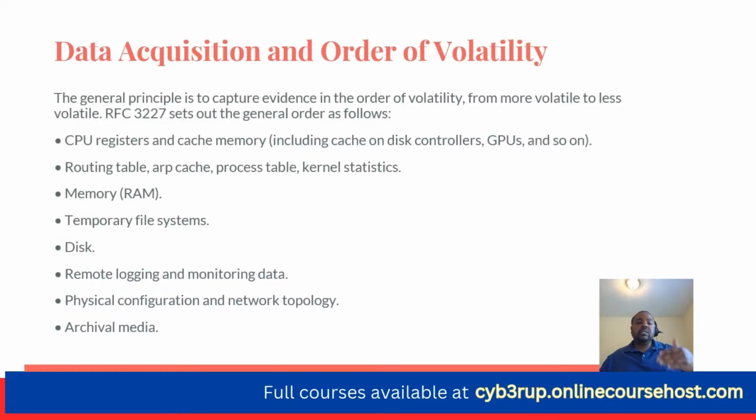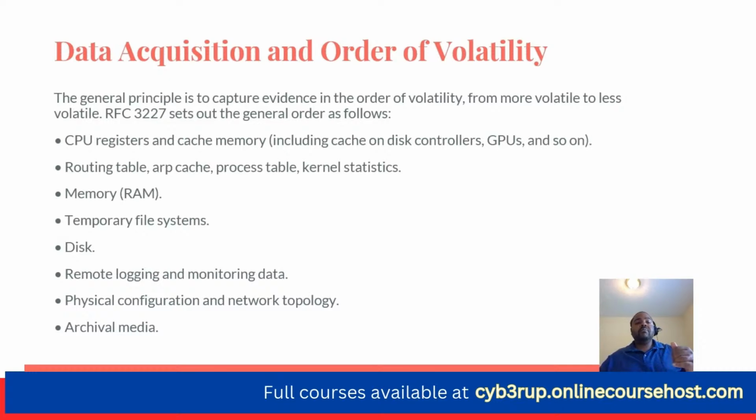Now, once you get into the temporary files and the disk, the memory there stays longer, so it's able to store itself there and survive a power outage and show you that same amount of data the next time it's booted up.